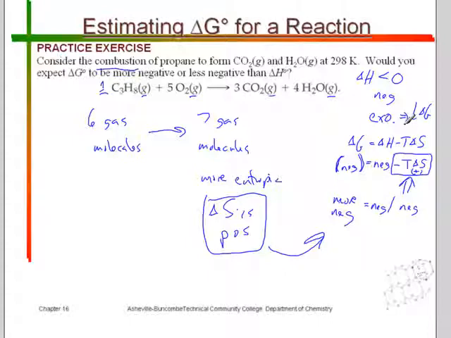So the answer to this particular problem is that delta G is more negative than delta H because of the high degree of entropy in this particular example. And the entropy is simply estimated based on the number of gas molecules that increases or decreases. If you have, going in the other direction, a decrease in the number of gas molecules, that would be a reduction in the entropy. Entropy would be negative at that point.